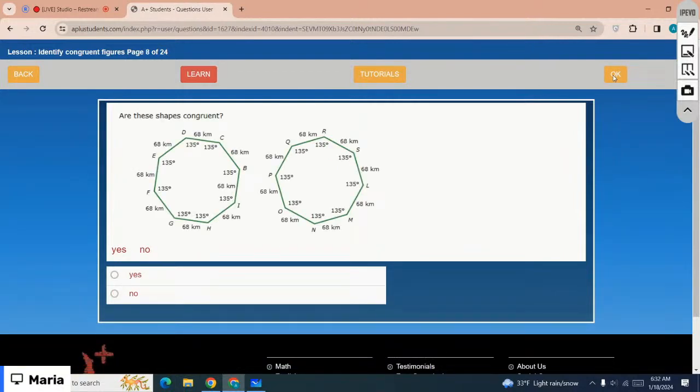Are these shapes congruent? Yes, they are congruent.